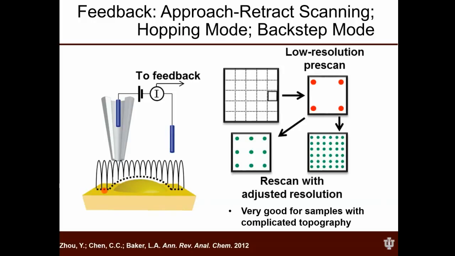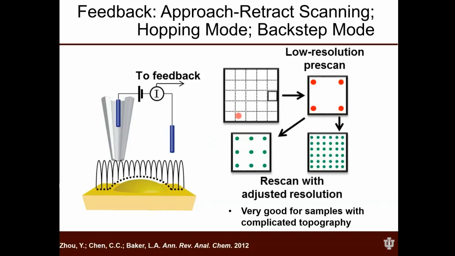The reason is that we're not limited as much by the feedback response, because we're always starting from a high point and moving to a low point. So the tip will never just run into something as it's scanning at a distance close to the surface.